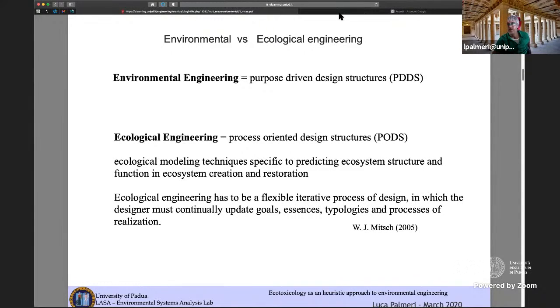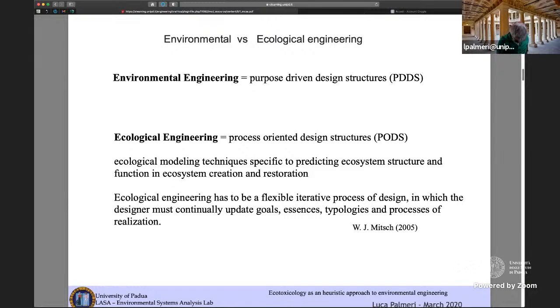Ecology is a branch of biology in which a biologist tends to describe exactly what we have said before: a complex system with several elements in complex interactions.